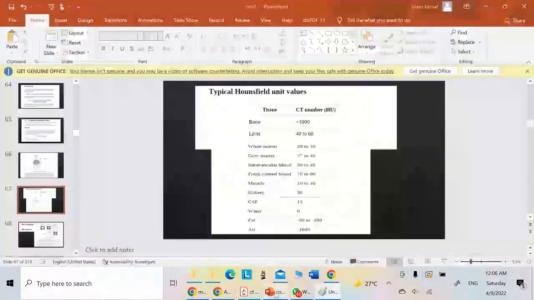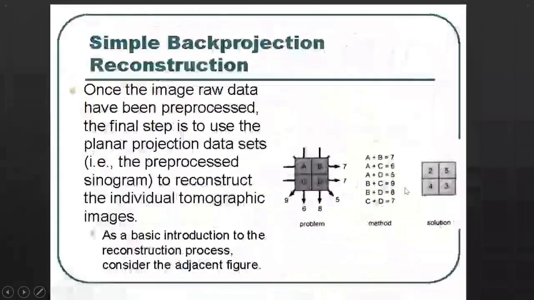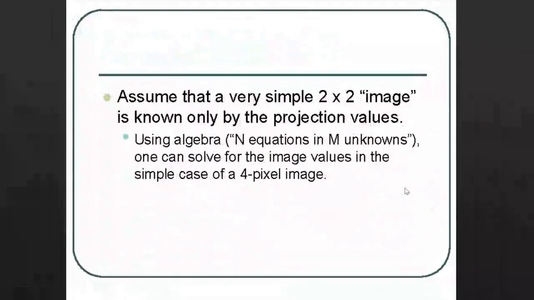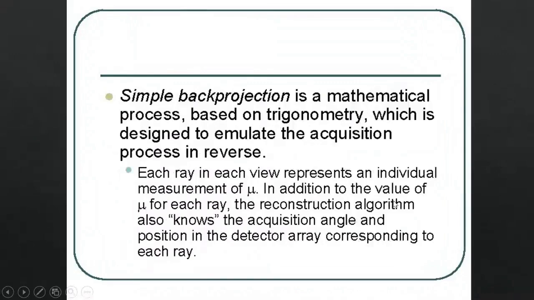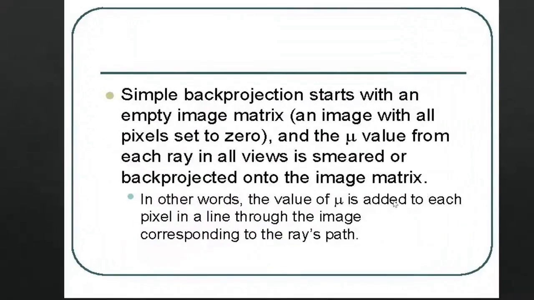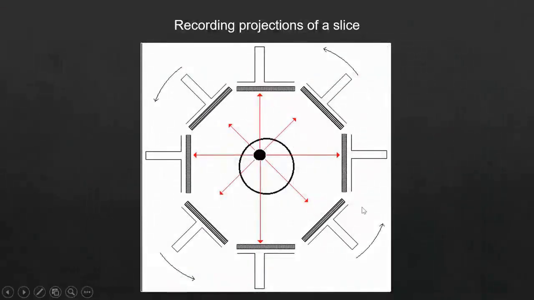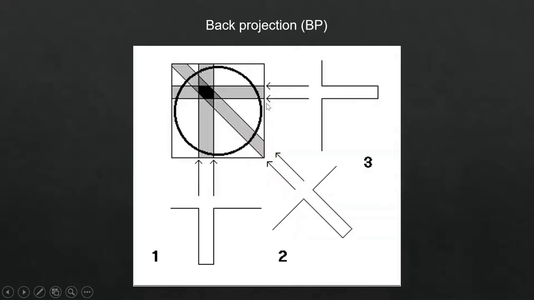Okay, let's see this mathematically. I have about 800,000 projections happening to produce a 512 by 512 matrix. Of course, if we assume that you all understand this, the topic will be difficult. Here is my object that I am talking about, and here are my projections taken from all my angles.